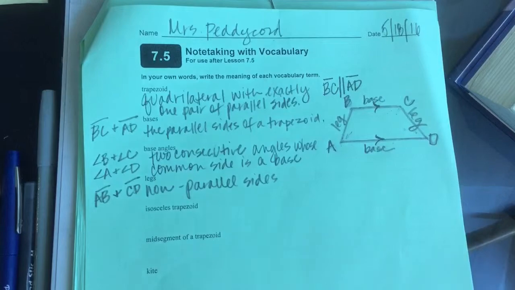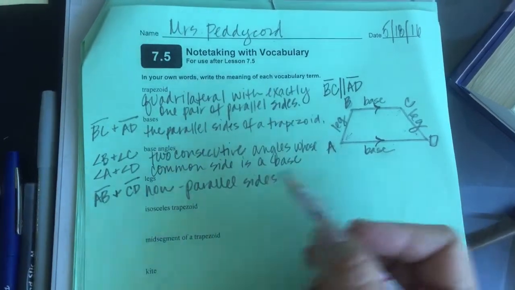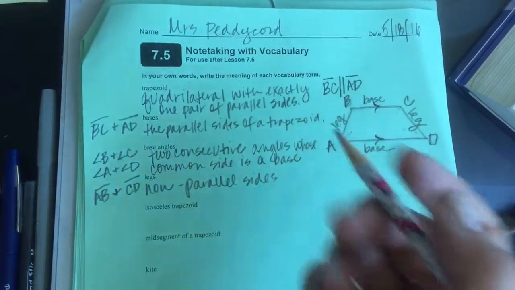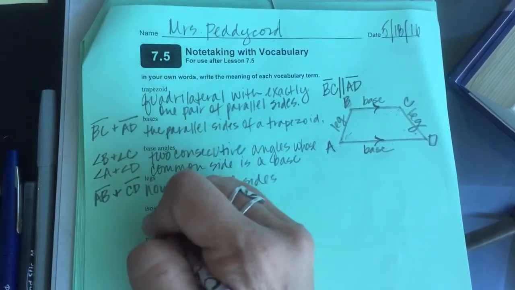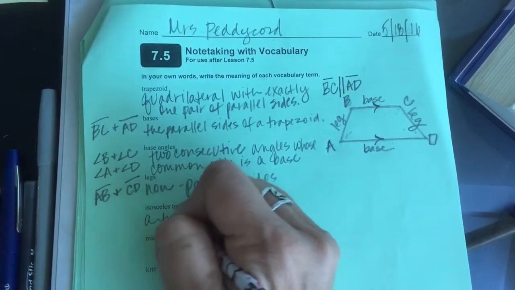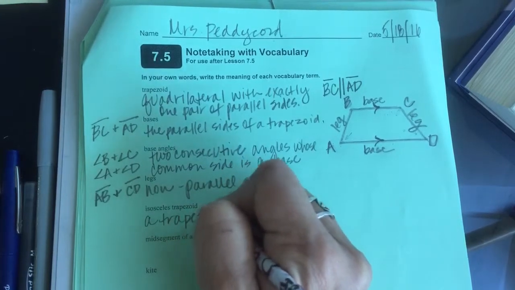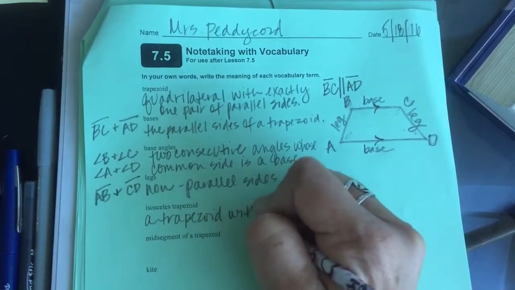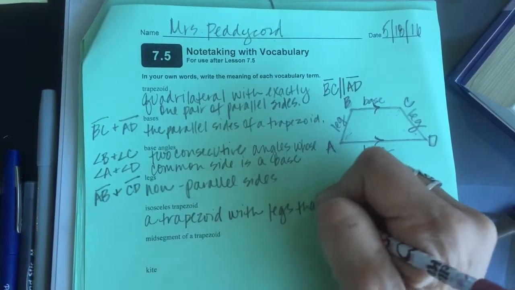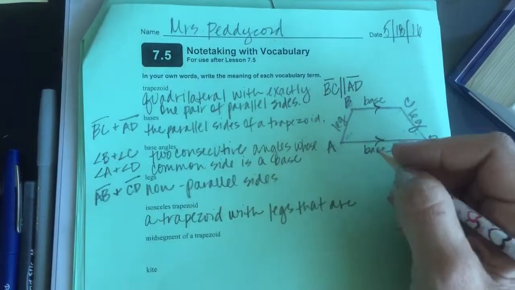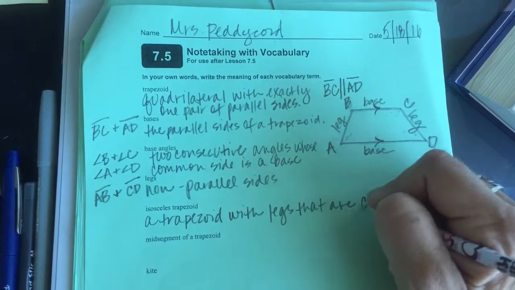Now, an isosceles trapezoid. This is not a picture of an isosceles trapezoid, and the reason why is because an isosceles trapezoid is a trapezoid with legs that are congruent. An isosceles trapezoid is a trapezoid with legs that are congruent.